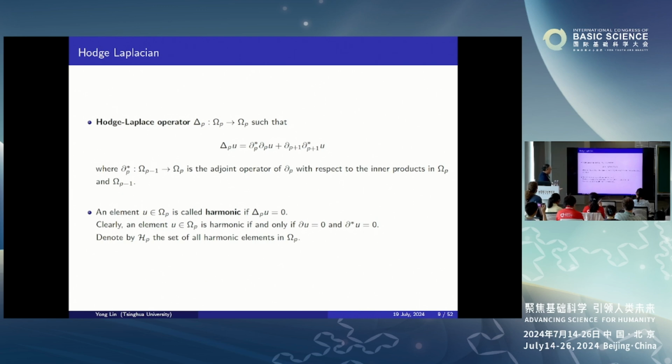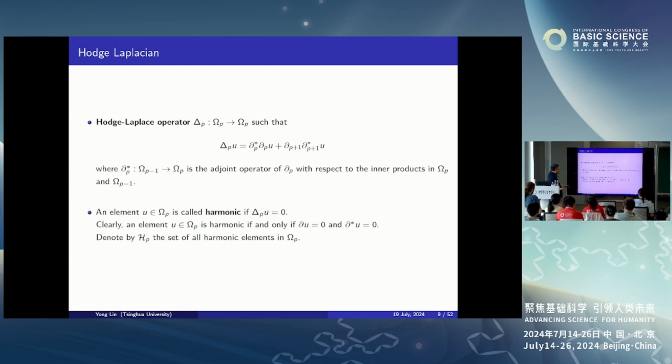Given this inner product, we can define the Hodge Laplacian, delta p. This is the standard definition for the Hodge Laplacians, where dp star is the adjoint operator of dp with respect to the inner product on omega p.